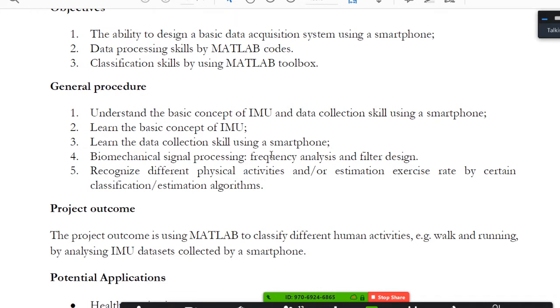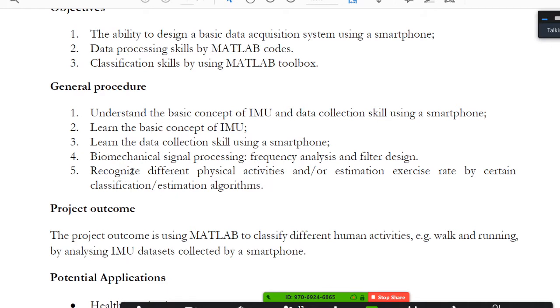So we use a very simple Fourier transform, FFT. I'm not sure whether you students have already learned Fourier analysis, Fourier transform, or Fourier series, but this is very simple. I just teach you how to use the tool MATLAB to do that.